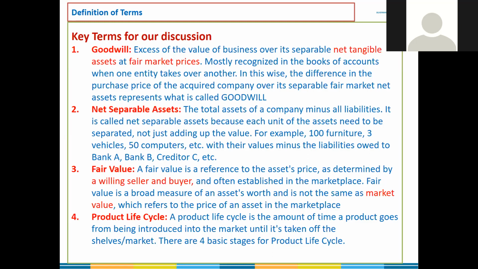The worth of the asset is not necessarily the market value. For example, if I go to a garage to buy the same car, maybe I would get it at about 80,000 or 90,000. But the two of us agree that I should purchase it at 50,000. So this is the fair price I am paying to you, and that is why it is called the fair value. That is how the accountant looks at it.